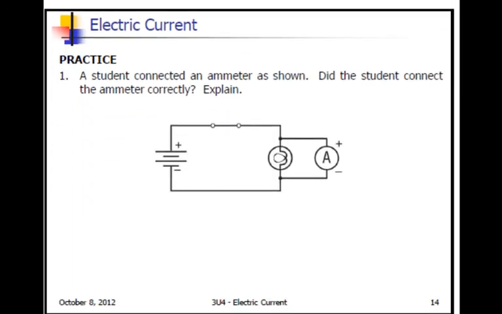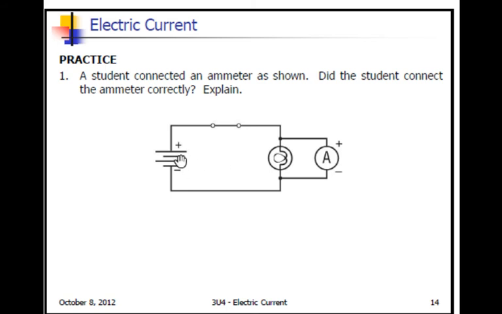So here, a student's trying to measure the current through this circuit, specifically the current that's going through this light bulb here. That's the symbol for a lamp or a light bulb. If they connect their ammeter like this, an ammeter really has no electrical resistance or very little electrical resistance, which means that electric current flows through it quite easily.